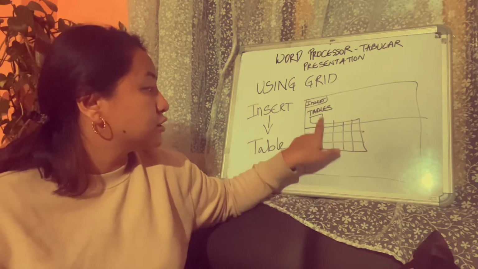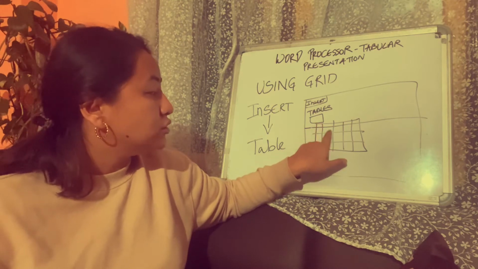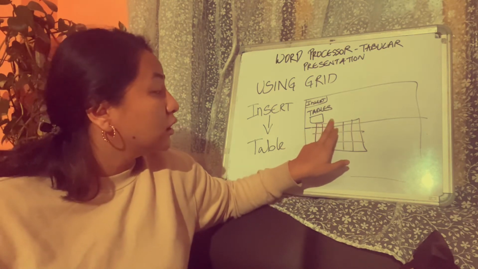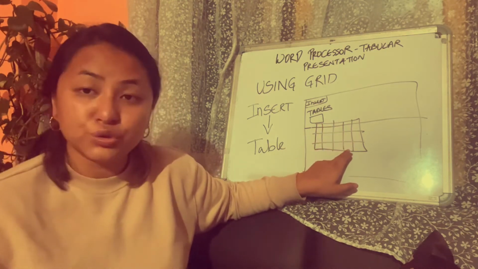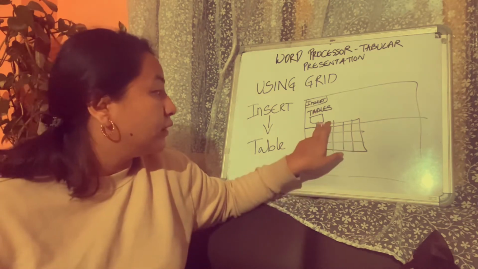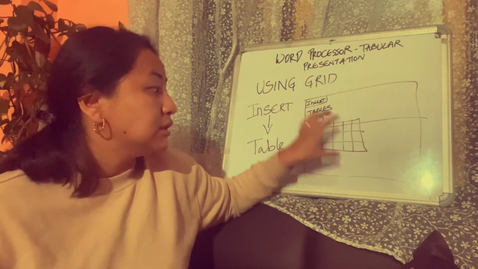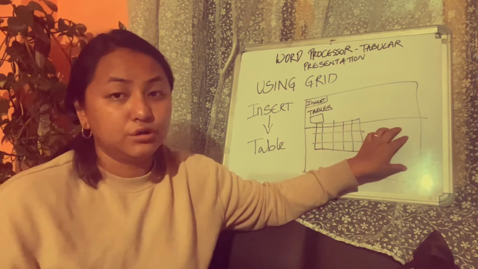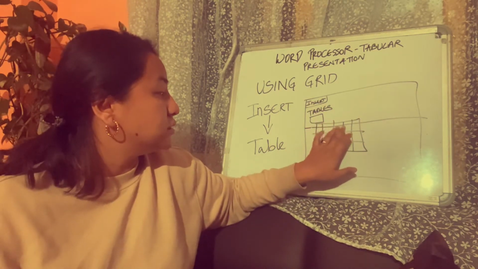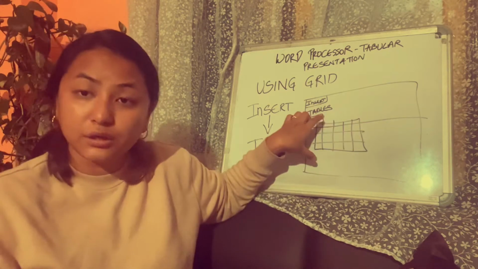You take your cursor to the top box and drag it to the rows and columns which you require for your table. Once you drag it and you're okay with it, the same thing will be drawn out here. Then your table will appear on the page itself.